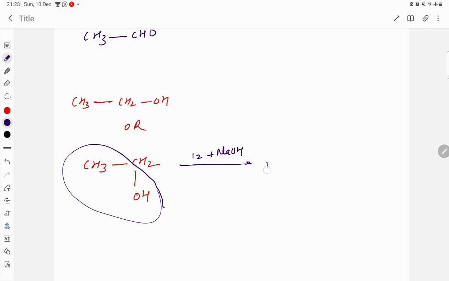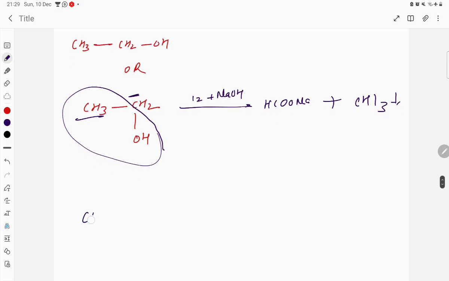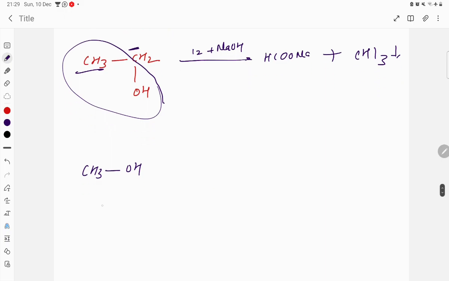The products will be RCOONa, though here there is no R actually, so it will be HCOONa because only one carbon is left, and CH3 will be converted into CHI3, the yellow ppt. If you take CH3 and OH alone, this will not give the test.